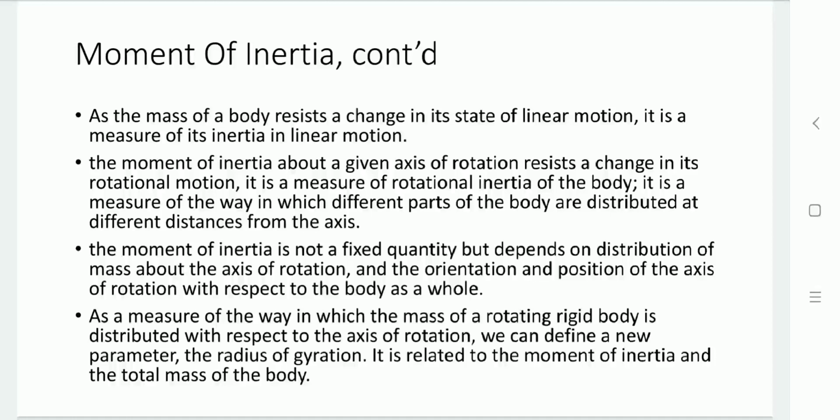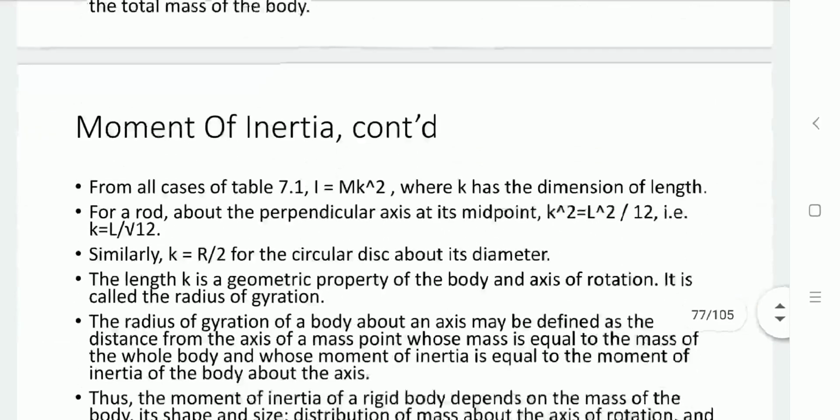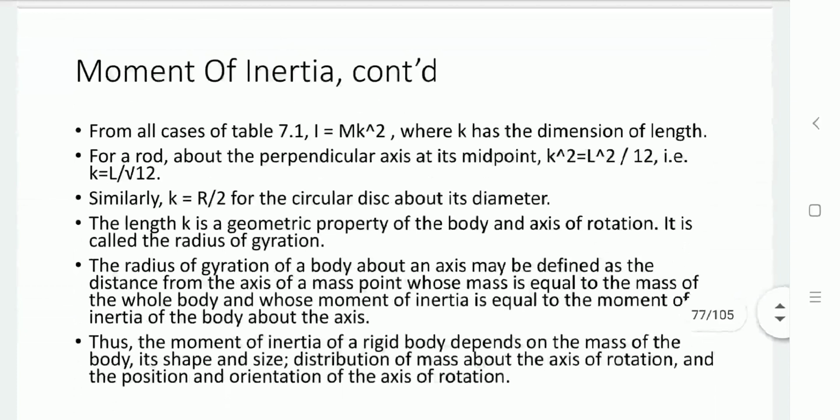So a new parameter has been introduced, the radius of gyration, which is related to the moment of inertia and the total mass of the body. From the table we can say I equals m k square, where k has the dimension of length. For a rod with the perpendicular axis at the midpoint, k square equals L square by 12. For a circular disc, k equals R by 2.